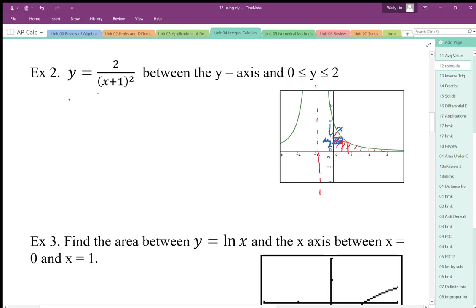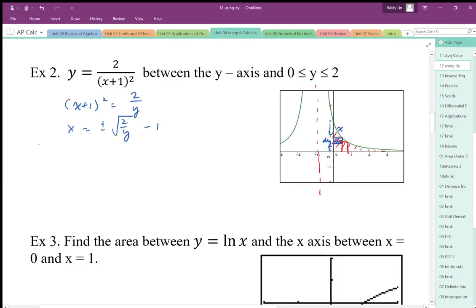So I'm going to write this as (x plus 1) squared equals 2 over y. x is equal to plus or minus the square root of 2 over y, minus 1. Okay, so we're going to use the positive version of that.